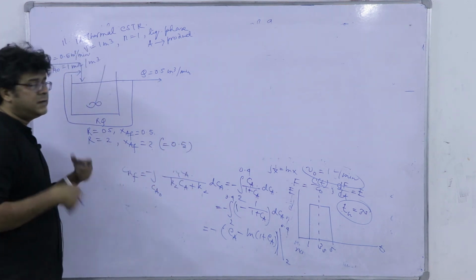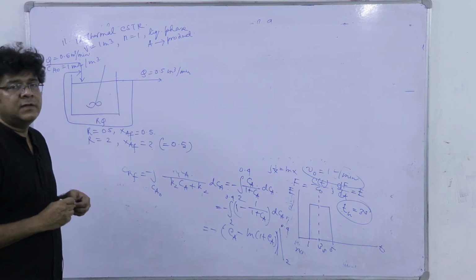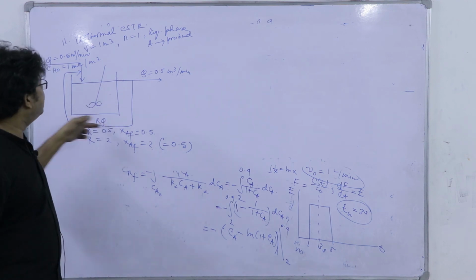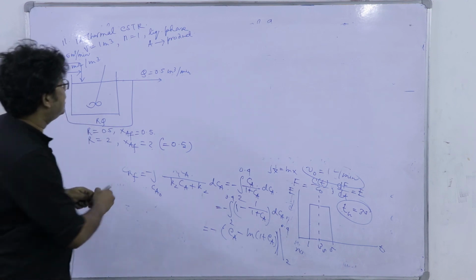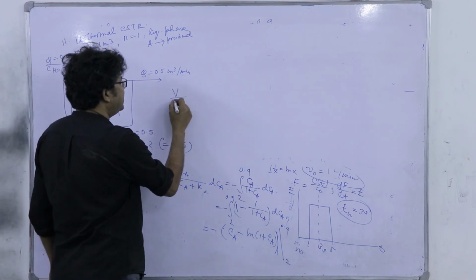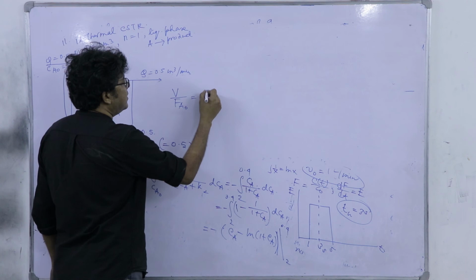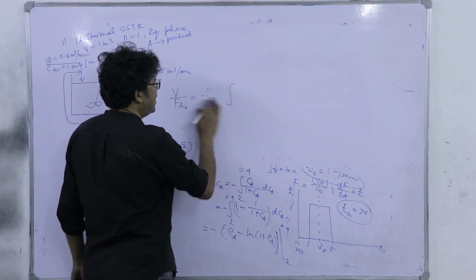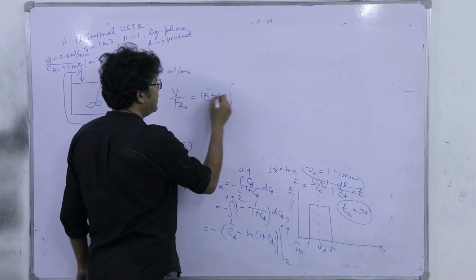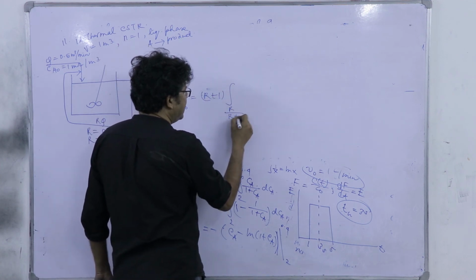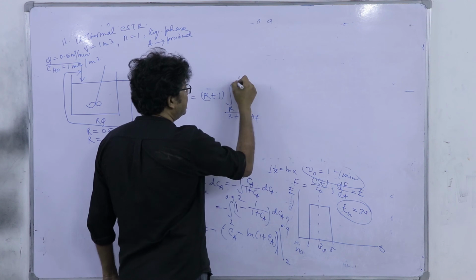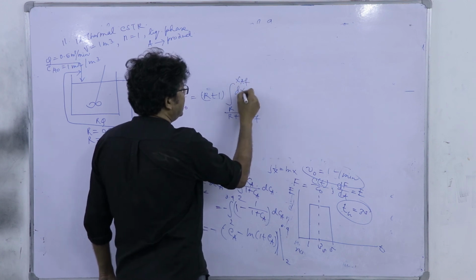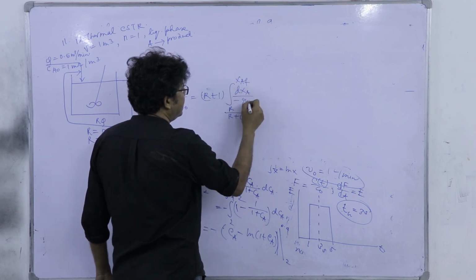Why? Because CSTR is a reactor where we have infinite recycle ratio, right, because from this, V by Fa naught equals R plus 1 into the integral from R divided by R plus 1 XAF to XAF of dXA by minus RA.